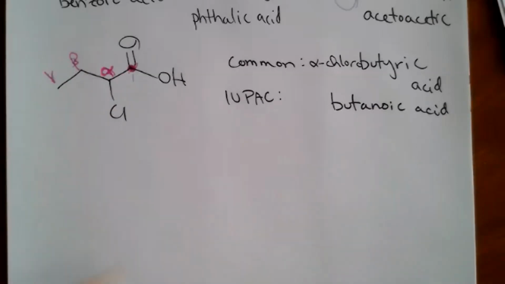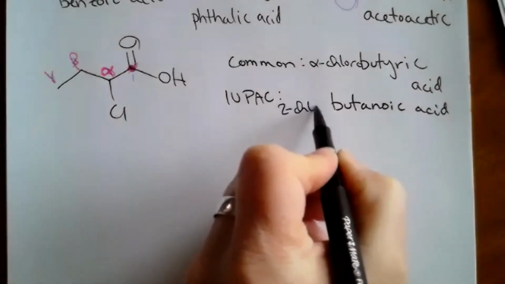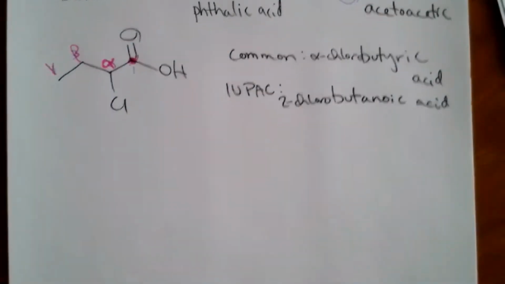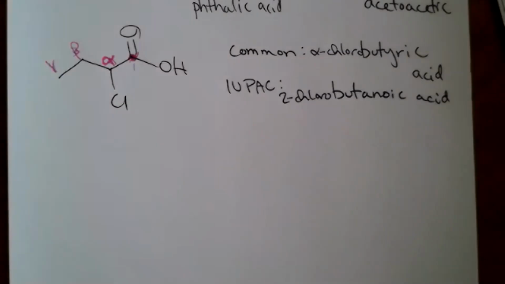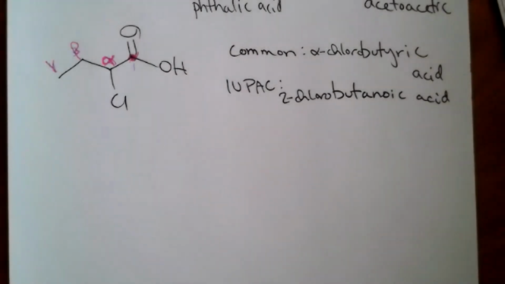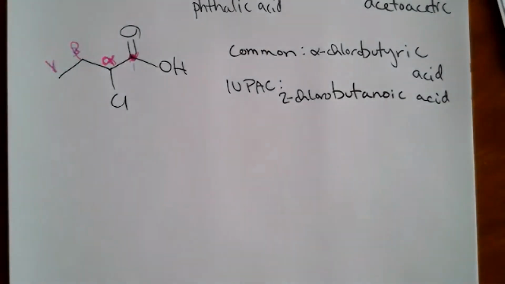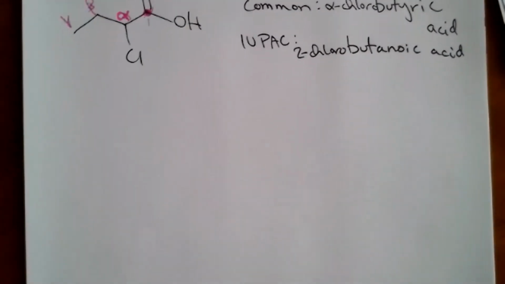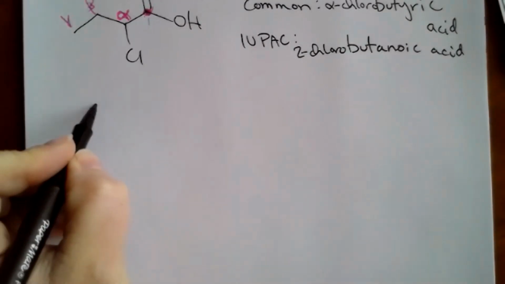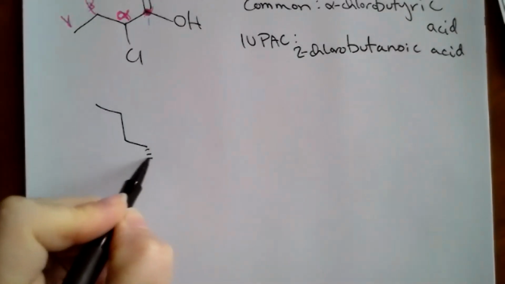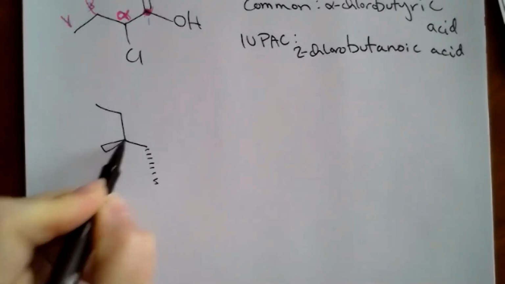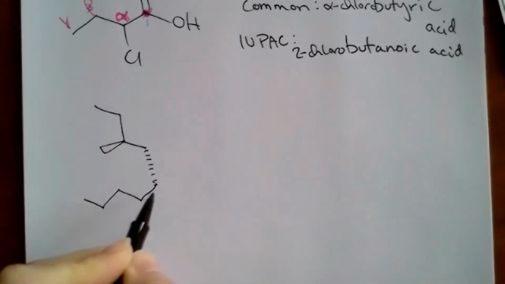So 1, 2-chloro. 2-chloro-butanoic acid. Got it. So we will continue on paper for a minute while we name the next molecule. It's just the very next slide. Rather than switching back and forth, I'm going to continue on paper because it's easier than trying to mark things up digitally.